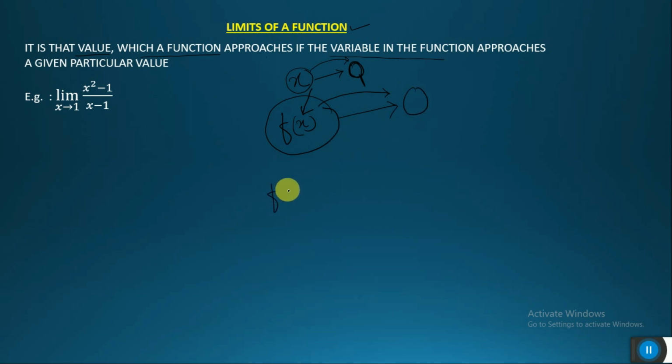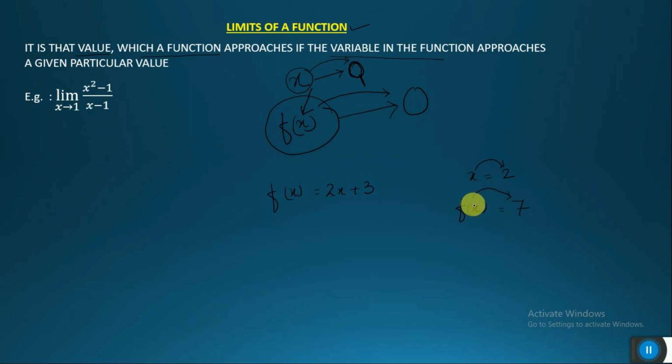We will see, if f(x) is equal to 2x plus 3. Now you tell me, if my x is 2, then what is my f(x)? 7, right? So when x reaches 2, our f(x) reaches 7.